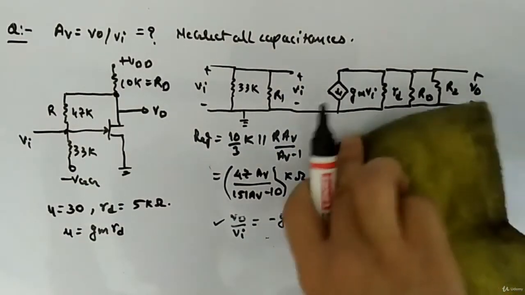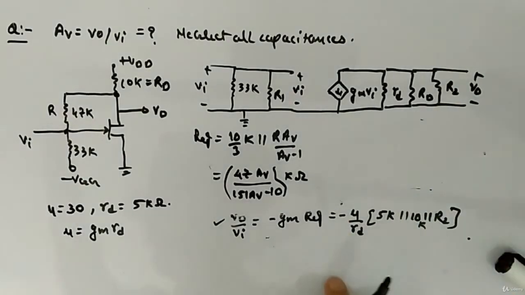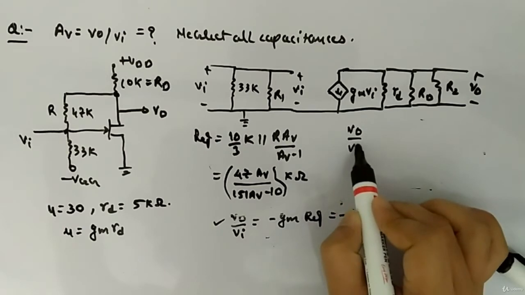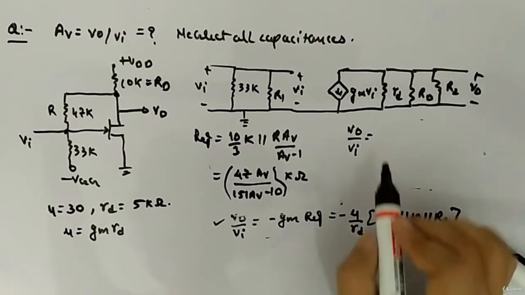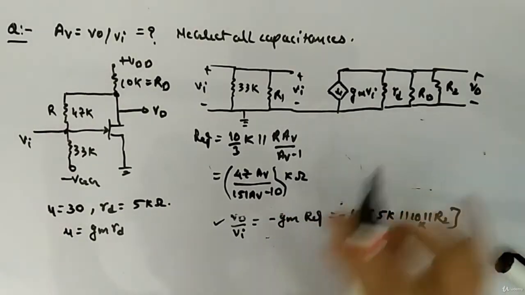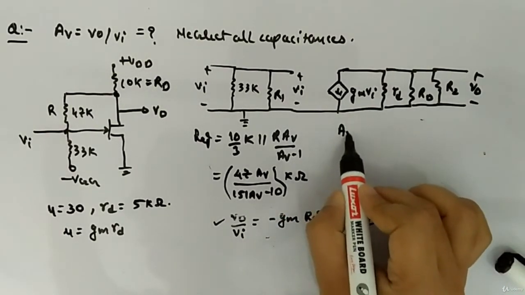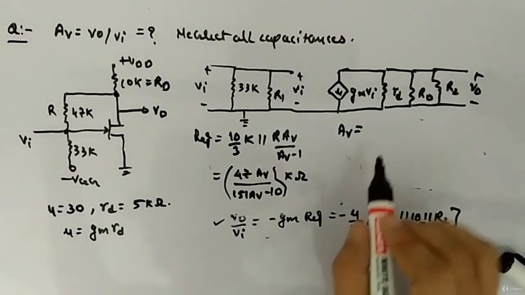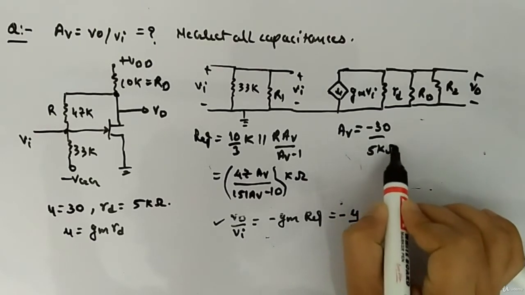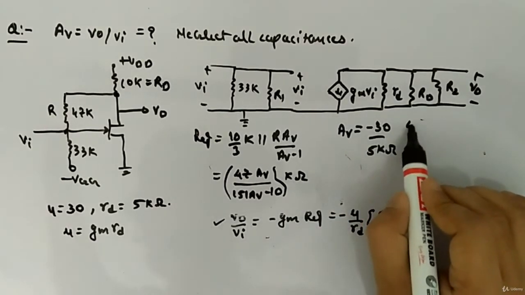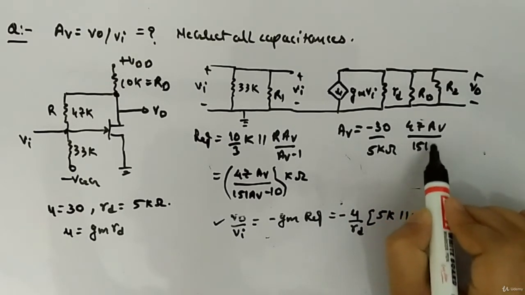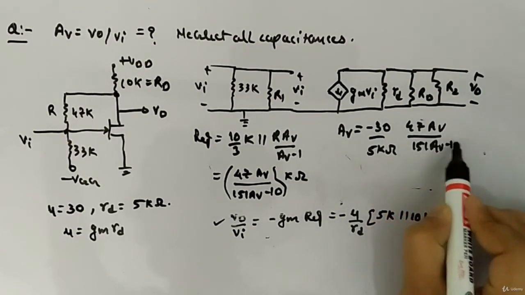So directly I'll plug in the value of R equivalent. V naught by Vi will be minus, and this V naught by Vi is the same as AV. So AV is equal to this whole expression: minus 30 divided by 5 kilo ohm, times 47 AV divided by 151 AV minus 10 kilo ohms.